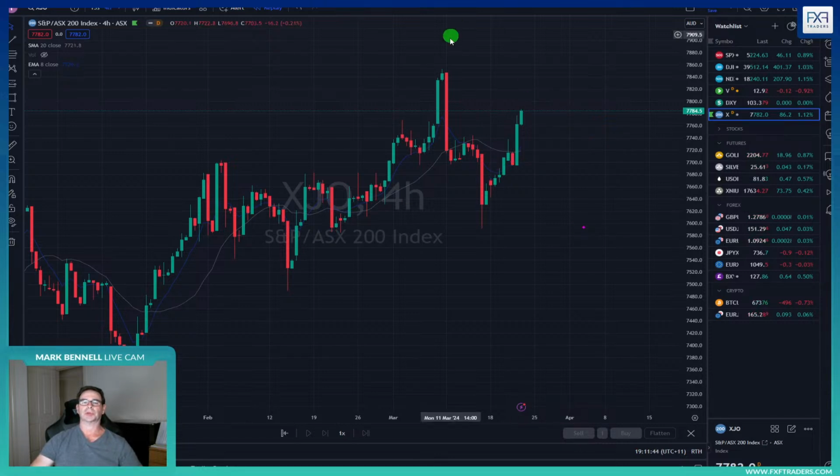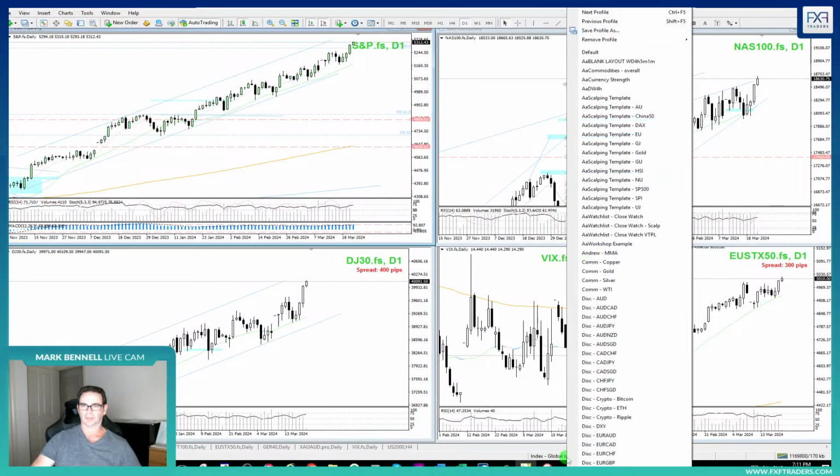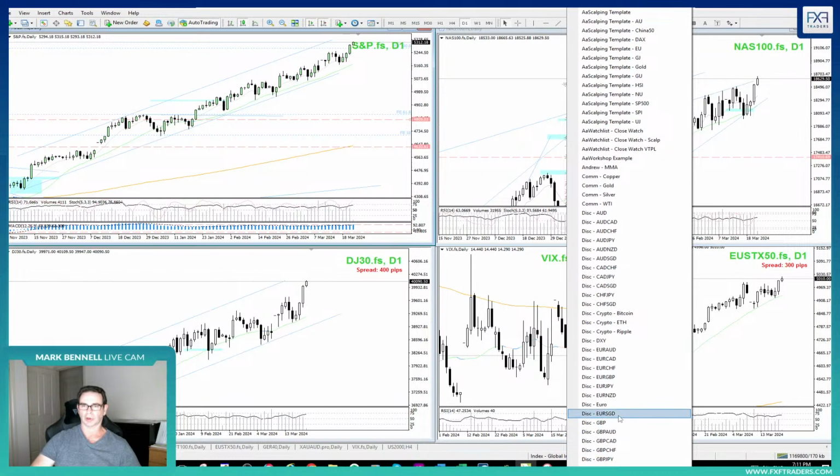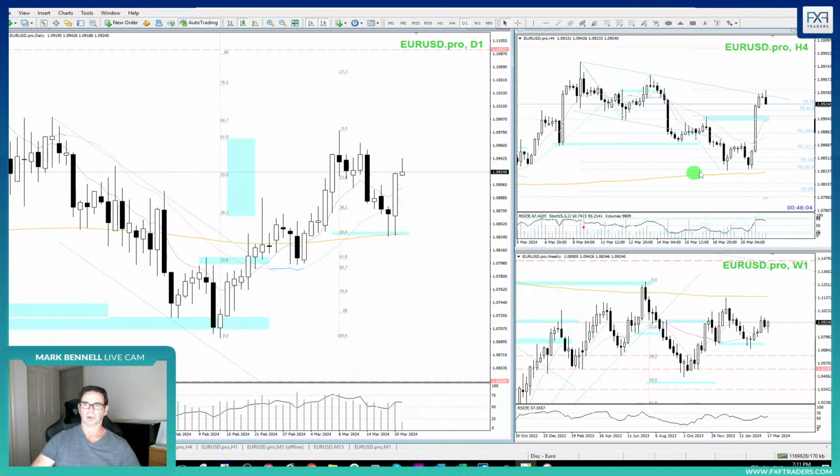All right, I'm going to swap charts now. Just bear with me. So the euro dollar we look at as well. I spoke about the euro dollar looking for the 161 of this leg, which is right here.